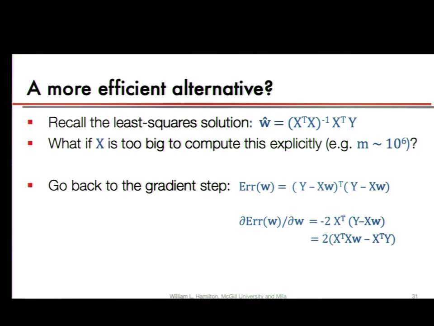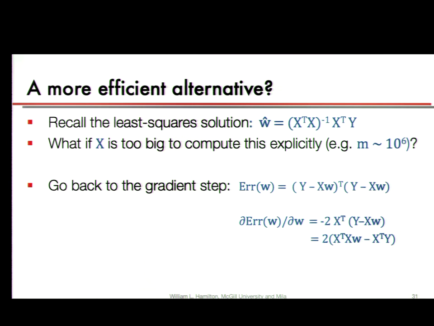Recall this least squares solution we came up with, where after we took the derivative of our loss function with respect to our weight vector and set it to 0, we were able to solve using some linear algebra. To get our best estimated weight vector, we just take X transpose X, all that to the inverse, times X transpose Y. I'll call this the closed form solution.